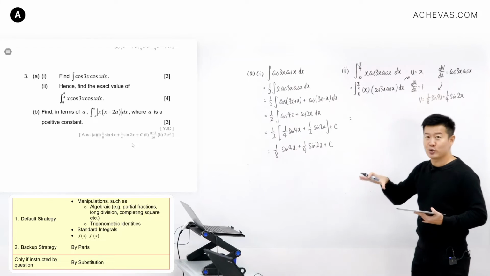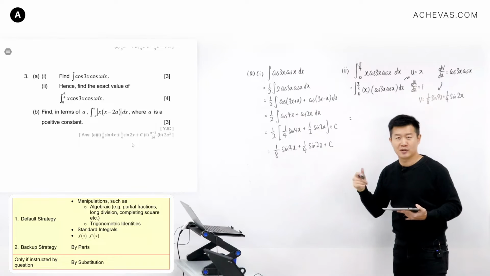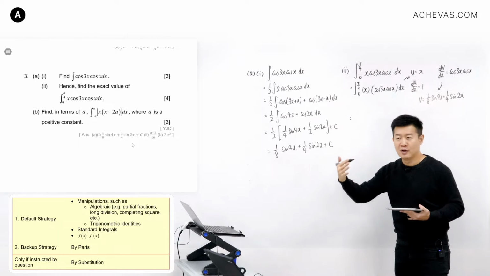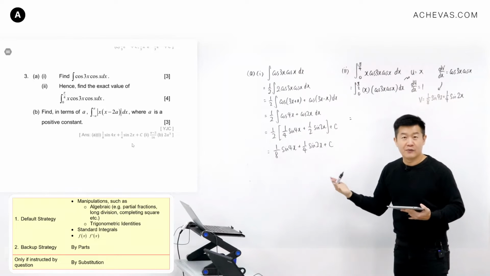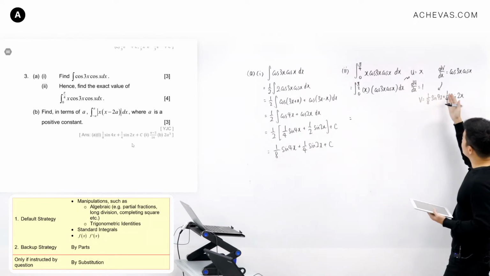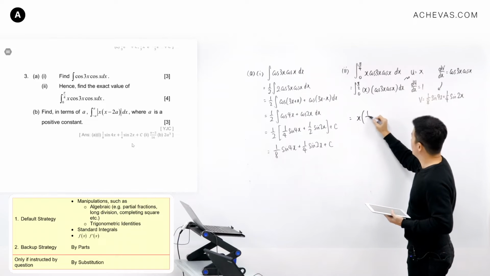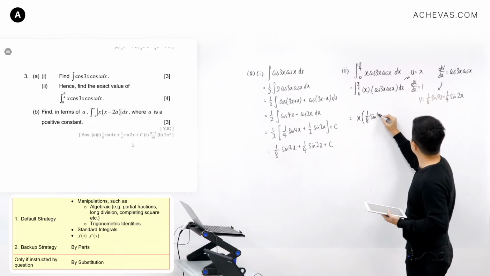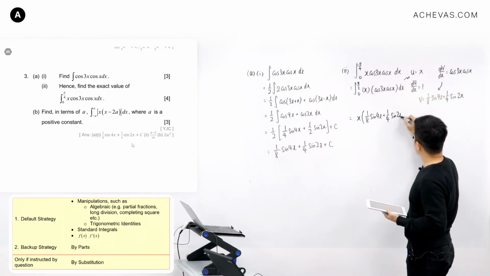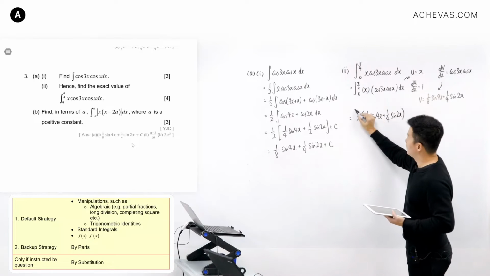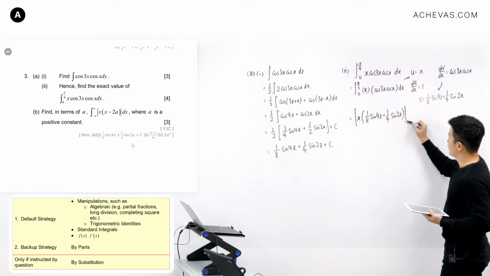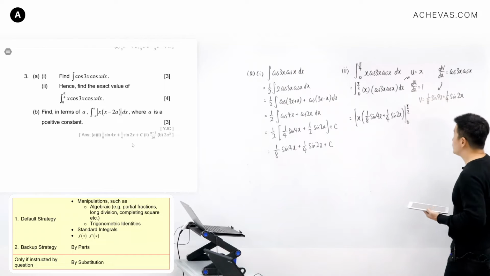Anyway, I don't mind trying slightly more tedious questions now because I'm trying to warm myself up to all this algebra that is involved in integration. So it's going to be uv. So it's going to be x of 1 over 8 sine 4x plus 1 over 4 sine 2x. And let's not forget about the lower and upper limit. So it's from 0 to pi over 2.